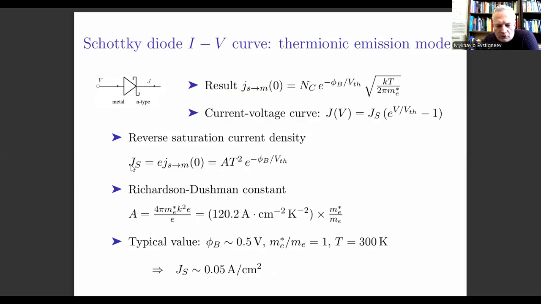So combining everything together, we find that the reverse saturation current density has temperature raised to the power 2, because kT is raised to the power 3/2 in the effective density of states, but then you have kT to the power 1/2 in the square root. So altogether, this gives you temperature to the power 2.